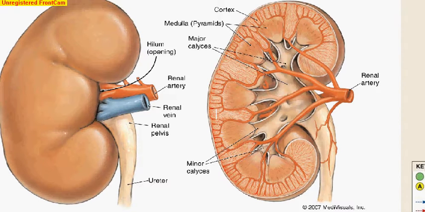Let me show you more clearly, maybe with a pencil. So they start from this part, the nephron, and then we have this one, and then here we have the so-called glomerulus, okay? So that's pretty much the structure of the kidneys.